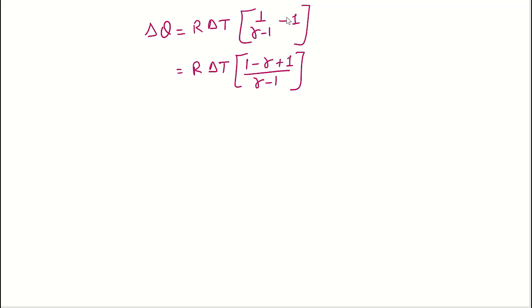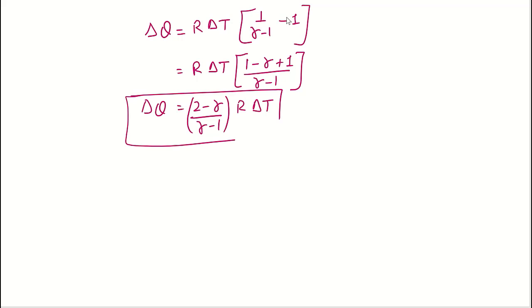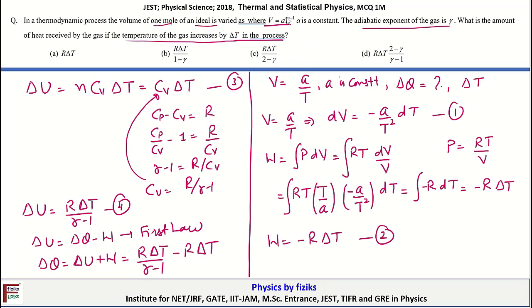So this is equal to (2 minus gamma) upon (gamma minus 1) multiplied by R delta T. That's the heat exchange involved during the process. Let's see the options given to us. So this is option D, which is the correct one: R delta T into (2 minus gamma) upon (gamma minus 1).